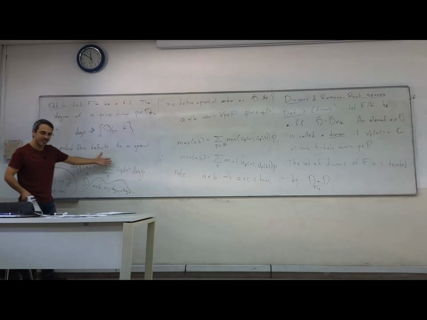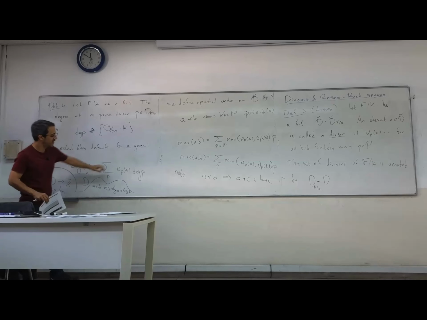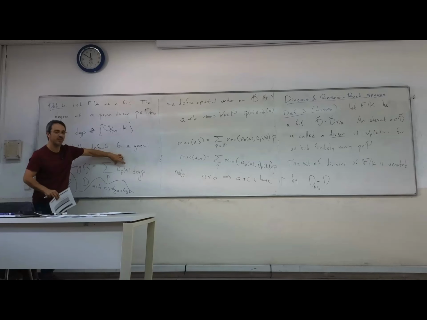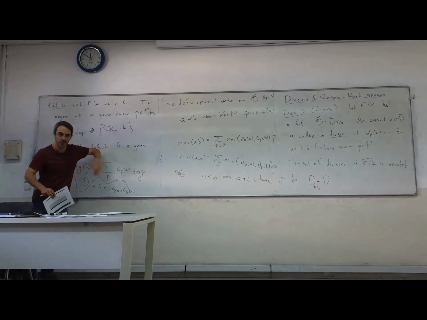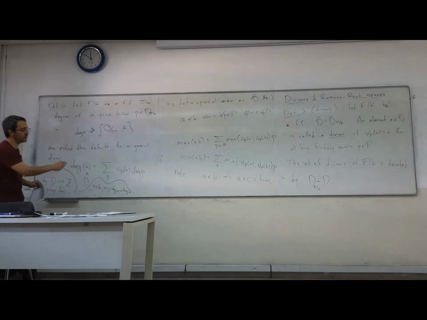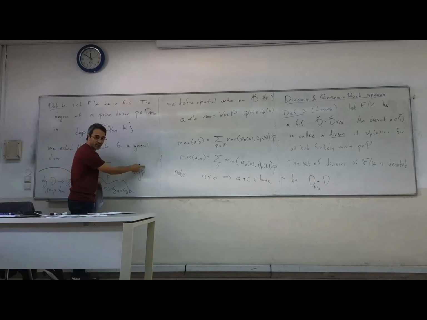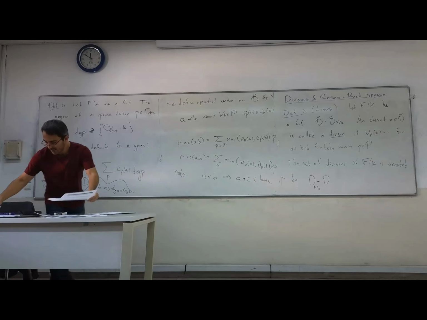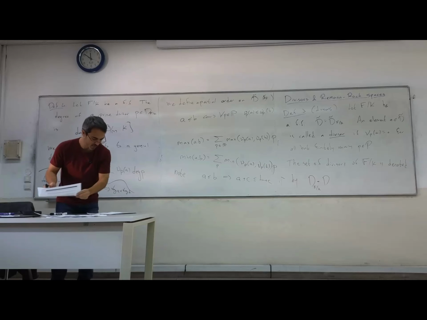These are positive. So if this is smaller than the corresponding VP of B, then that also will be smaller. When you sum them, it's going to be smaller. There could be negative, but this is positive, and that's the important thing. Yeah, good.